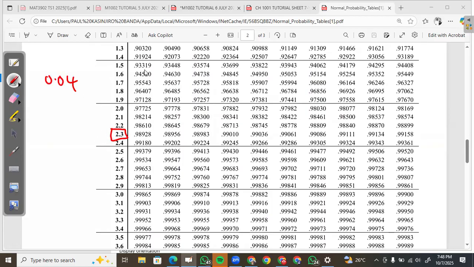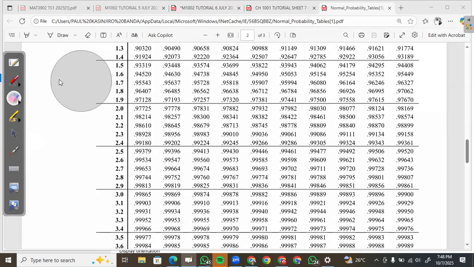So this is 0.00, 0.01, 0.02, 0.03, and then 0.04 is this guy here. So I'm coming down in this column like that. Let me do it properly. So I'm coming down from this column here, like that. And then here from the 2.3, I'm going to the right like this. Is this 0.04? I doubt.